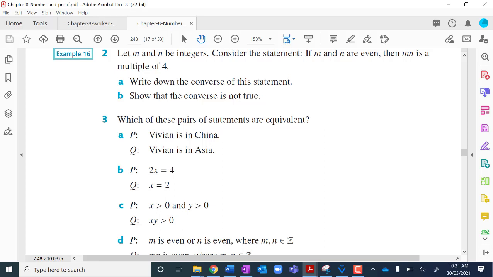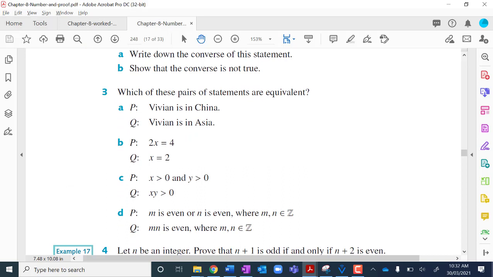Vivian is in China. Vivian is in Asia. Are these equivalent? Exactly. Asia doesn't necessarily mean that you're in China, does it? So if x equals 2, does that mean that 2x equals 4? Would these be equivalent? Yeah. So you can prove that 2x is 4 and then go the other way, x is equal to 2.